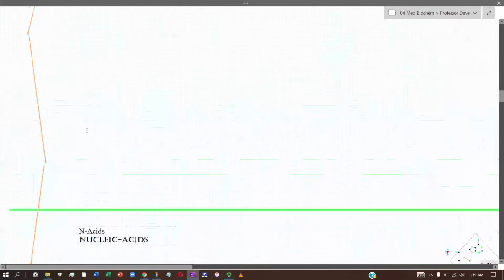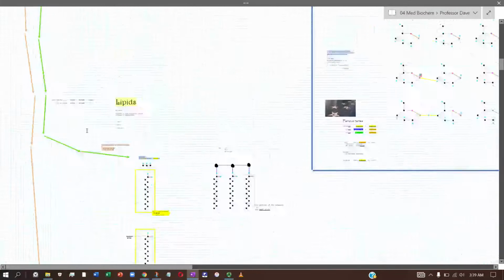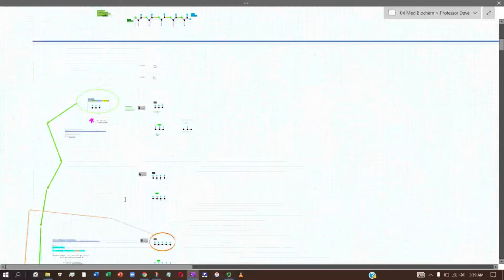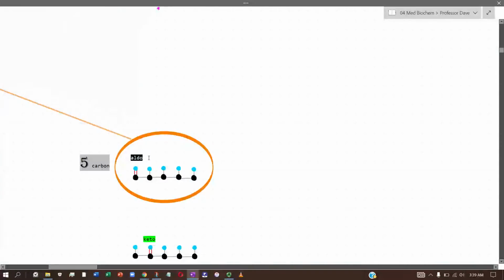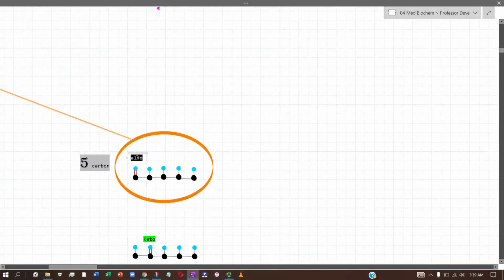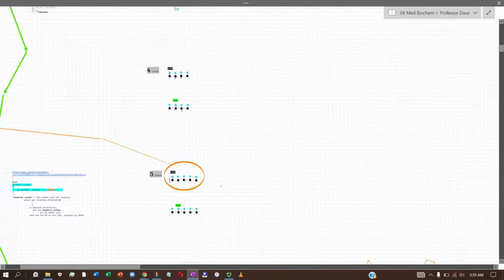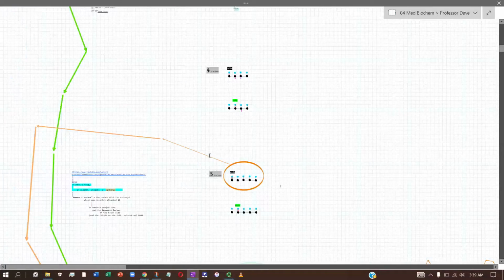So let's go back and follow this orange arrow. This is important because we will be referencing this aldopentose. How is it important, this 5-carbon sugar? Let's find out.